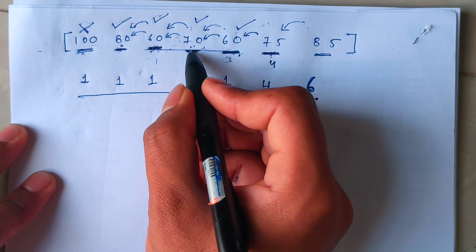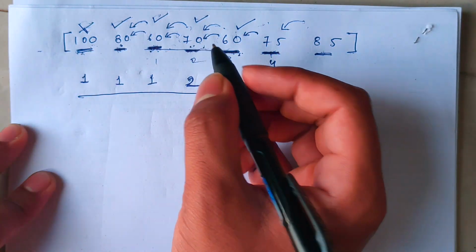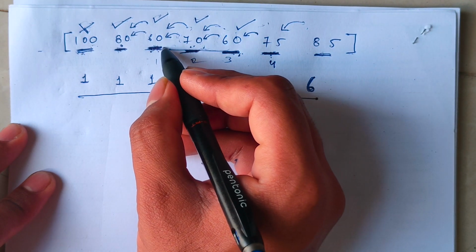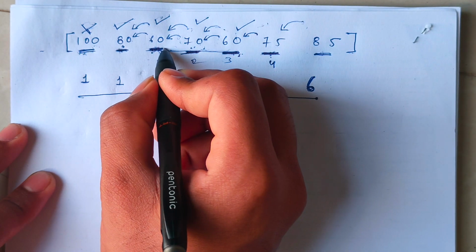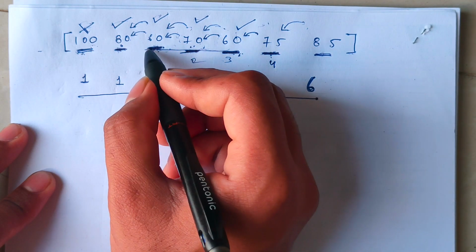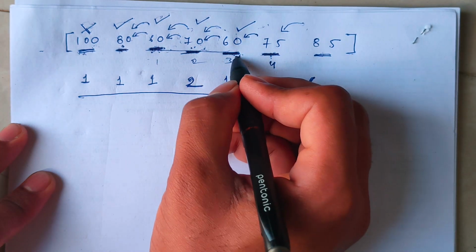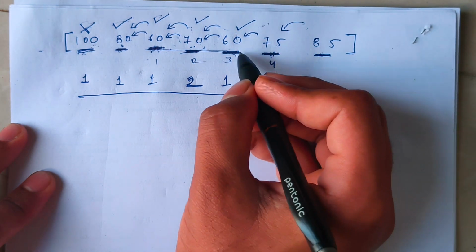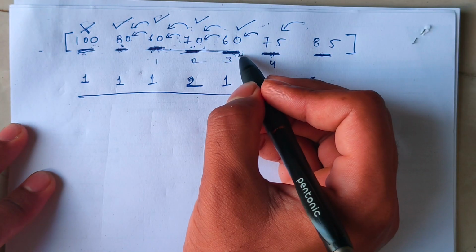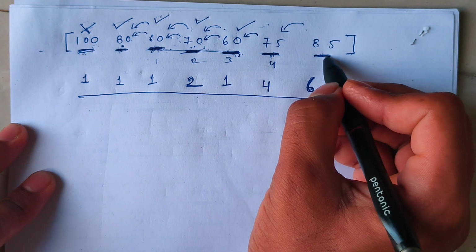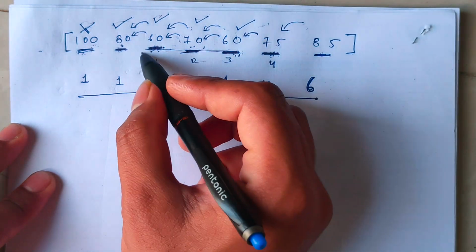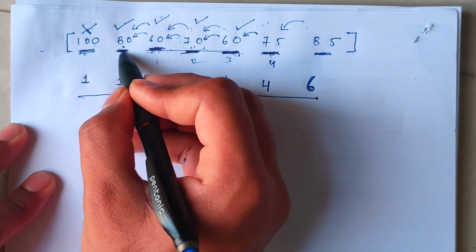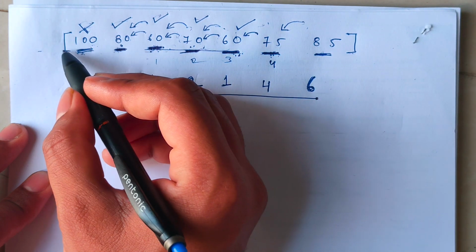But for each iteration, like for 70, we are going through the elements which are before 70, and for 60 we are watching the elements which are before 60. For 75 we are iterating through the elements which are before 75. For 85 we are going through the elements which are before 85. So for every element we are seeing its previous elements.